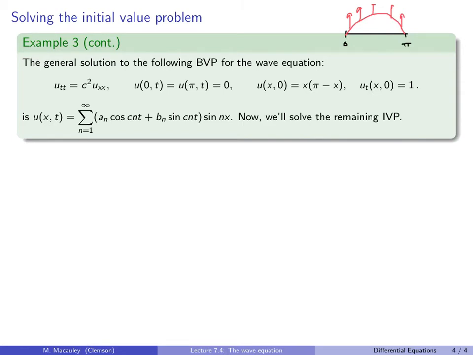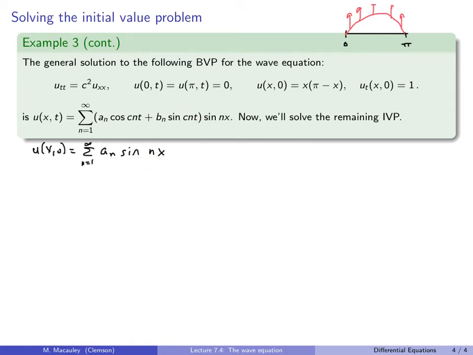So let's plug in t equals 0. So we get u of x, 0, and we get the sum from n equals 1 to infinity. Now what happens when we plug in 0? The sine goes away and we just have cosine. So in that case we have a_n times sine of nx. Looks kind of weird, doesn't it, to have an a_n with the sine of nx?